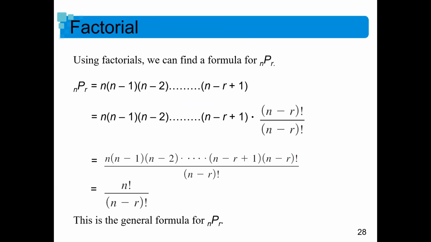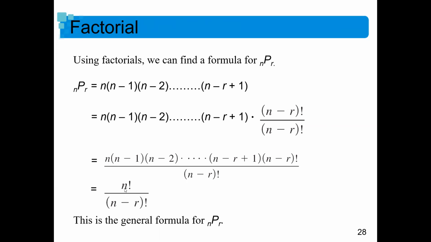So using factorials, we can find a formula for the permutation. Recall that permutation is n times n minus 1 times n minus 2 and so on, down to n minus r plus 1. I will not go over the details of this derivation, but you will find eventually that the general formula for getting the permutation is found here at the bottom: n factorial over n minus r factorial.